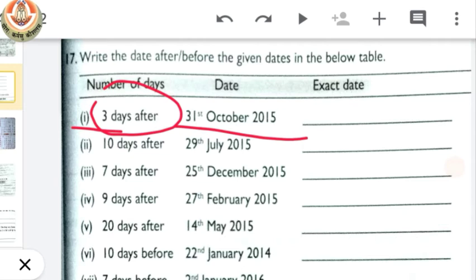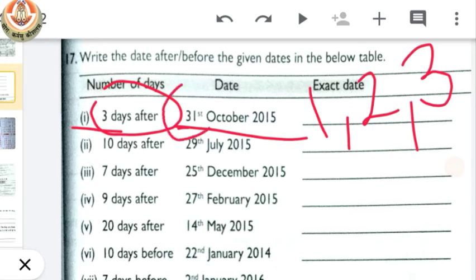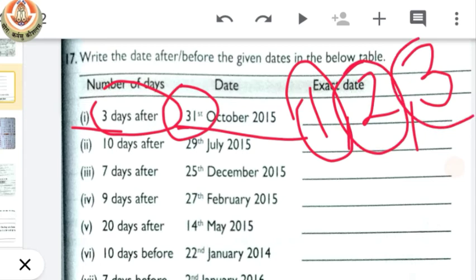So 3 days after, that means after 31st of October we have 1st of November, then 2nd of November, 3rd of November, sorry. So that means after 31st October, we have 1st day, 2nd day and 3rd day. So our answer will be 3rd of November 2015.